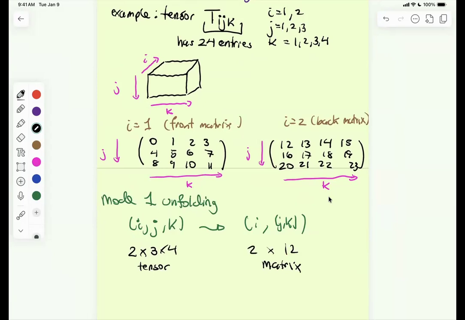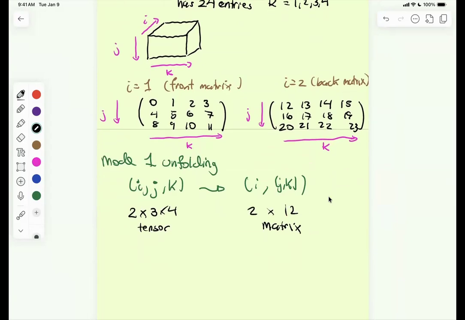And then basically for the other 2, what you do is increase first the J, and then you increase the K. So let me see. What will happen is that I is the row index for this matrix, and then you increase J first for the columns, and then K. Okay.